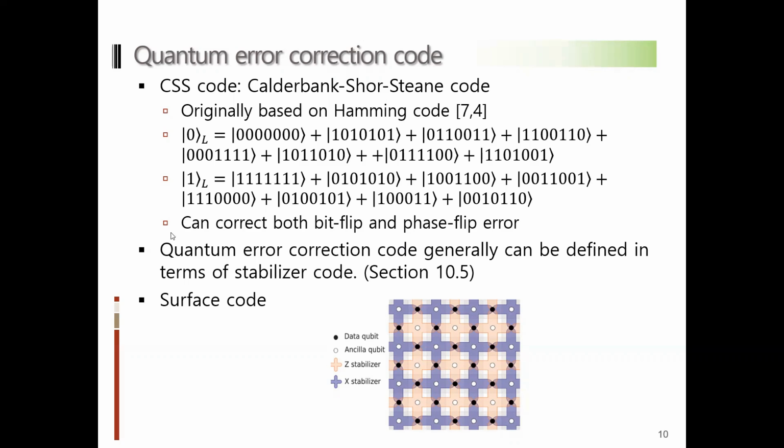And then more discussion can be generalized by using the concept of the stabilizer code, which is also covered in the textbook in section 10.5. But basically I'm running out of time for this class. So when I have some more time, then I can cover the stabilizer code.